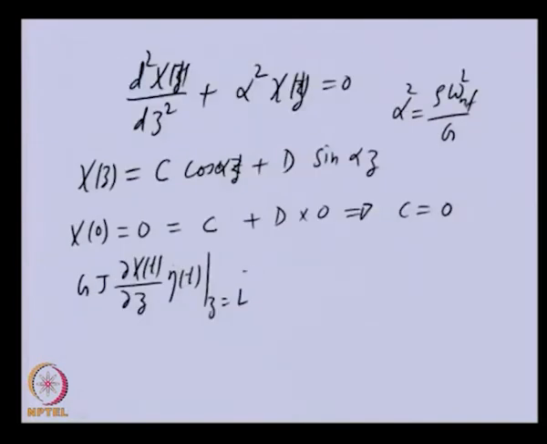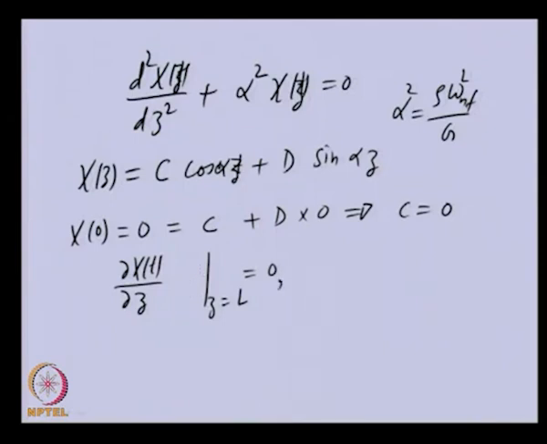So, this is 0. That means we need to differentiate this with respect to z first, and we need to substitute here. So, we can remove this quantity, also this will not be 0.